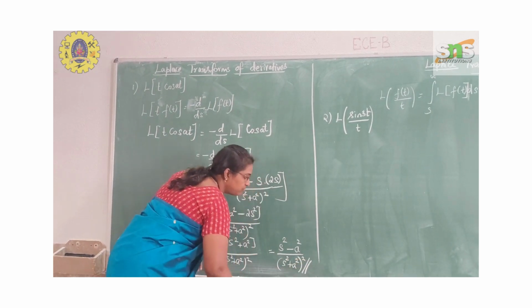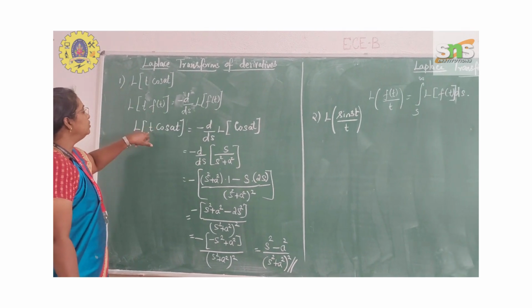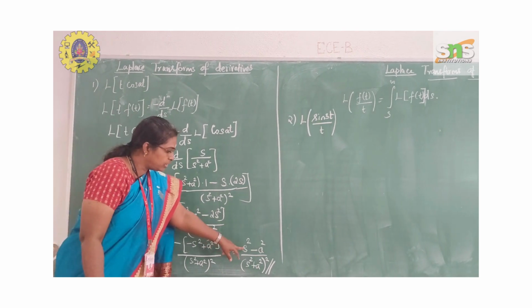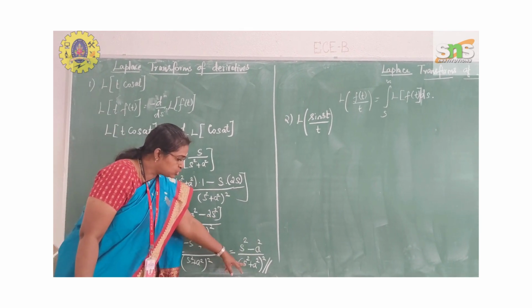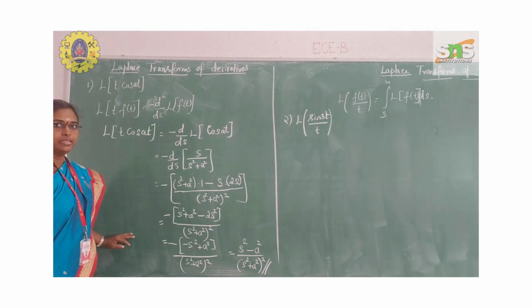So this is the answer for the Laplace transform of the derivative: L of t cos at is equal to s square minus a square divided by s square plus a square the whole square. So we got the result like this.